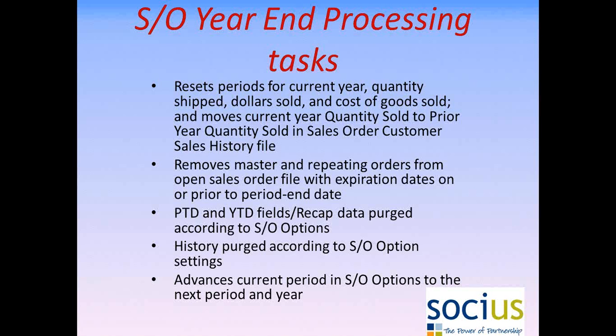The period-to-date and year-to-date fields and recap data are purged according to the sales order setup options. History is purged according to your setup options. And then, of course, it advances the current period and/or year in the setup options as well.